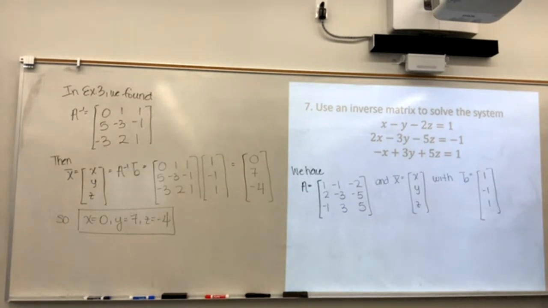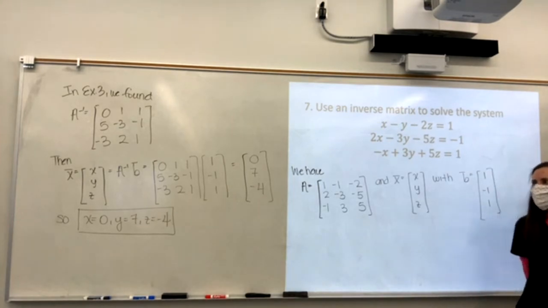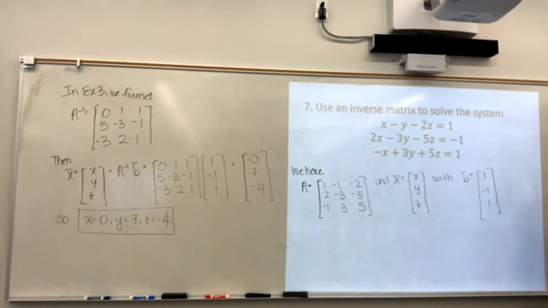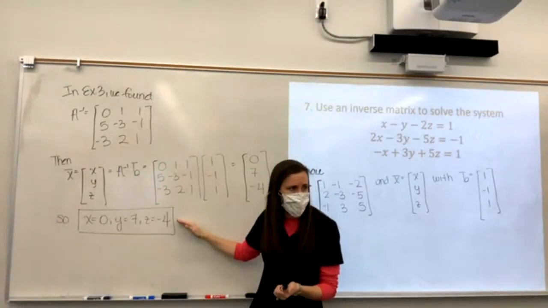Okay, so I said a minute ago that this theorem was useful in theory, but not very useful in practice, and here's why. If I gave you this system, and told you to solve it, it would be significantly easier just to plug it into your calculator, right? Hit row reduce, and your calculator immediately tells you 0, 7, negative 4, right?